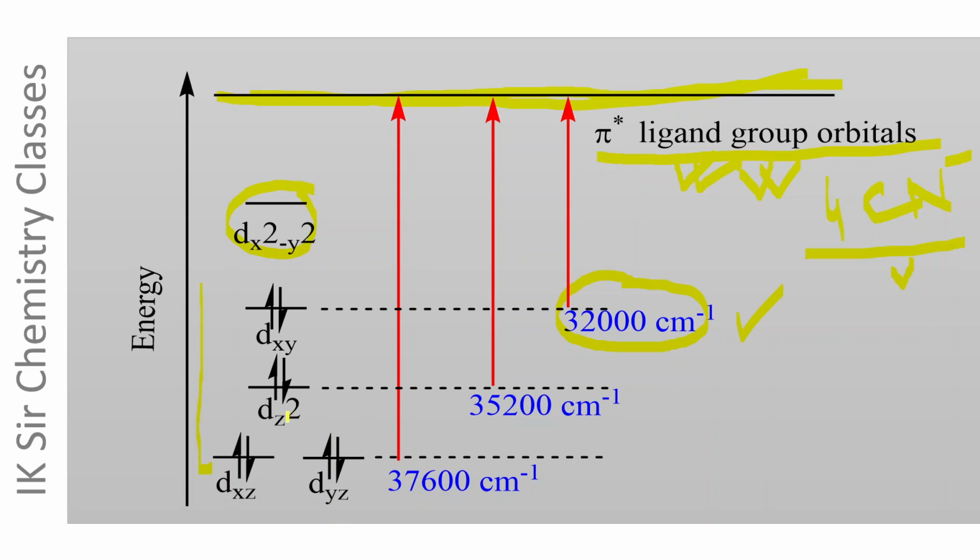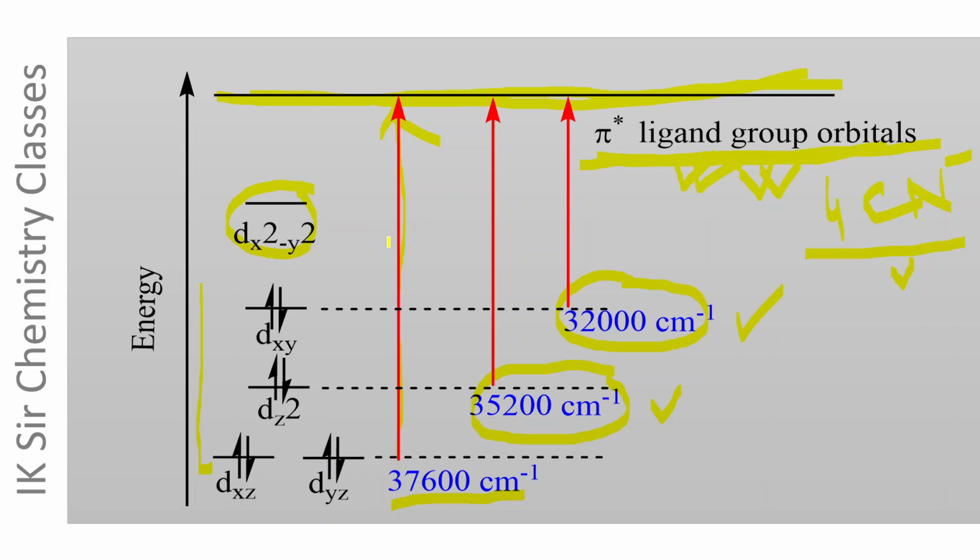While this transition from dz2 orbital to vacant pi star ligand group orbitals requires greater amount of energy, and its wave number is higher, 35,200 centimeter inverse, the transition from dxz or dyz atomic orbital of Ni2+ to vacant pi star ligand group orbitals requires the maximum amount of energy, and therefore the wave number of this absorption peak is the highest, 37,600 centimeter inverse.